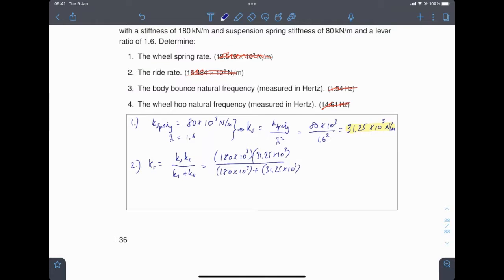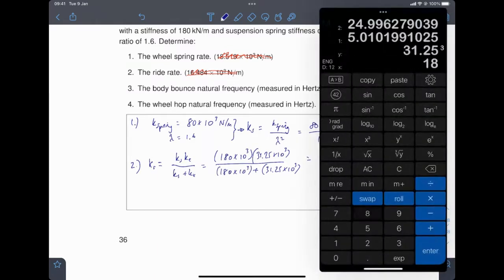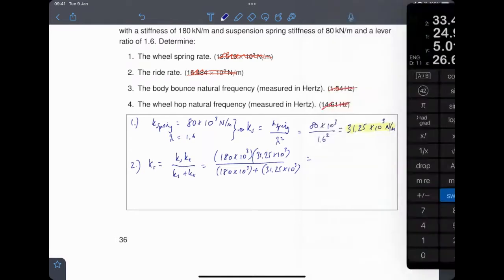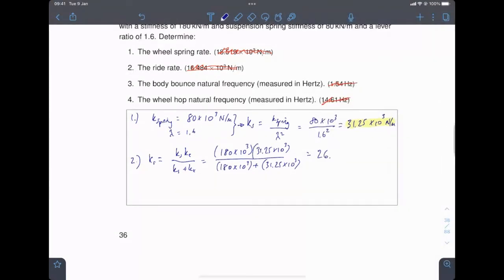If we do that sum, 26.62 times 10 to the 3 newtons per meter. So that's your ride rate. That's the springs in series.